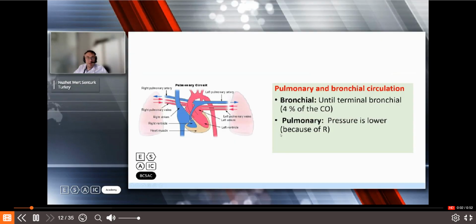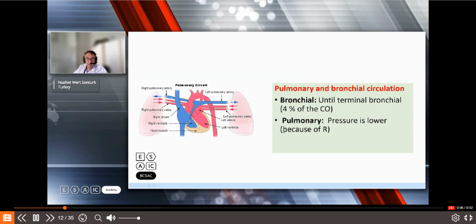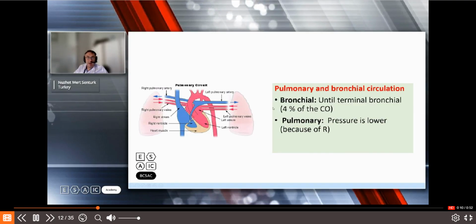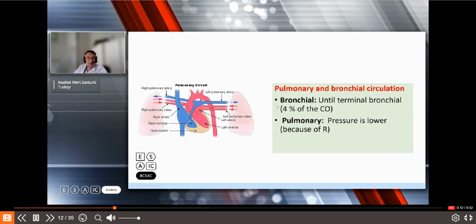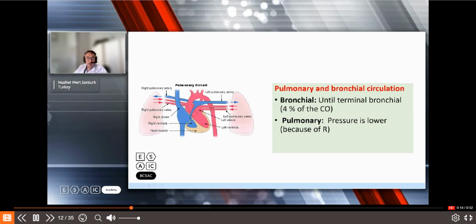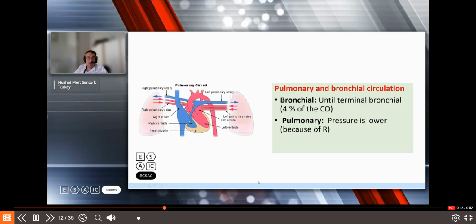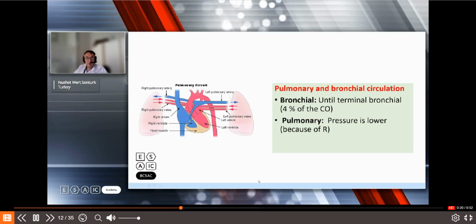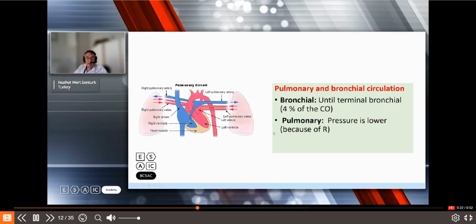Something about the circulation we have in the lungs: pulmonary and bronchial circulation. The bronchial circulation supplies the lungs until the terminal bronchi, and almost 4% of the cardiac output goes there for the oxygen supply.